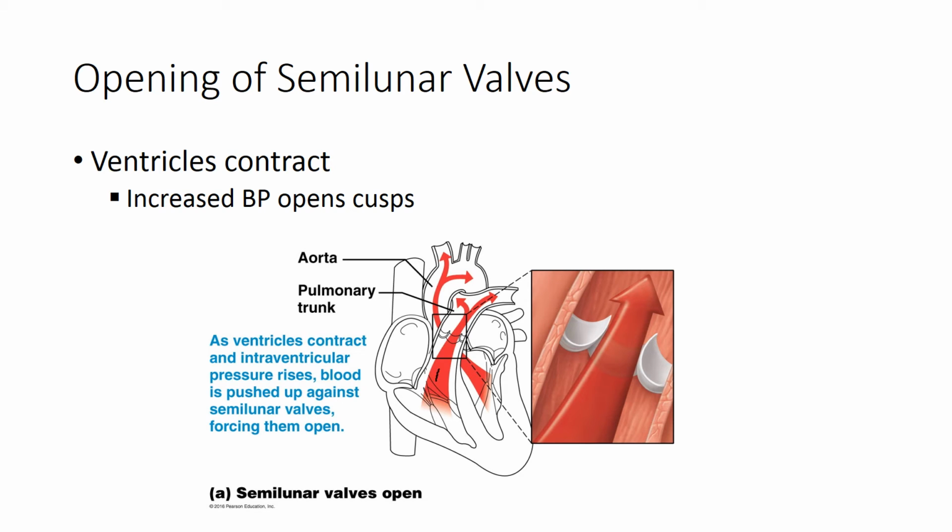And here in the right ventricle, that's simply going to force these flaps apart to eject blood into the pulmonary trunk. And on this side, we're simply forcing the flaps, semilunar valves somewhere in here, open so that blood can be ejected into the aorta.